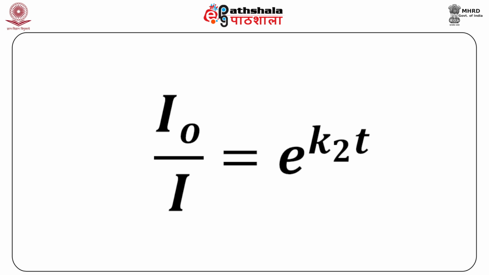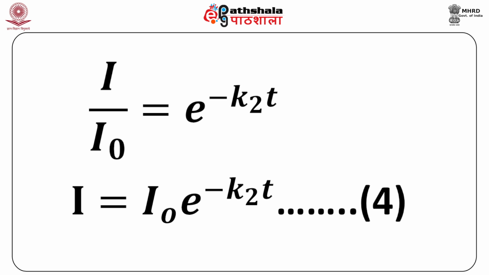Removing the natural logarithm, we get I₀ by I is equal to e raised to the power K2t. Taking inverse on both sides, we get I by I₀ equal to e raised to the power minus K2t. This gives us I is equal to I₀ into e raised to the power minus K2t.